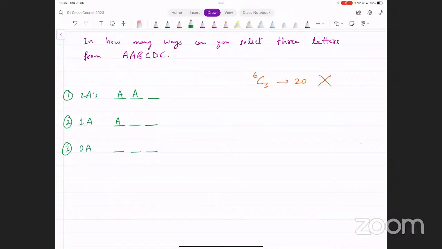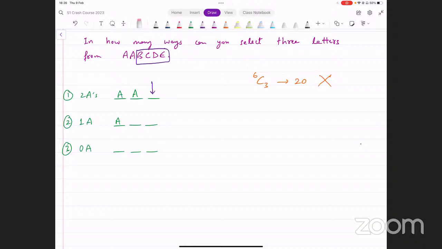And then you find the number of combinations, number of possibilities for each of these cases one by one. Now, when you have two A's selected, this is already done. You have selected two A's. Now, you've got one place left. You have to select one out of the remaining four objects.